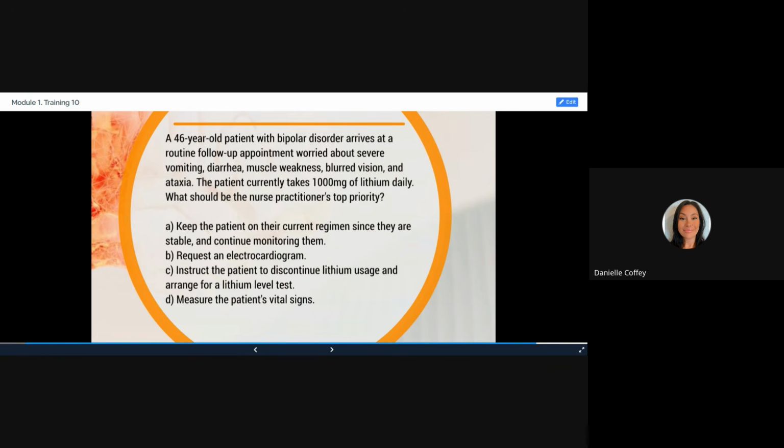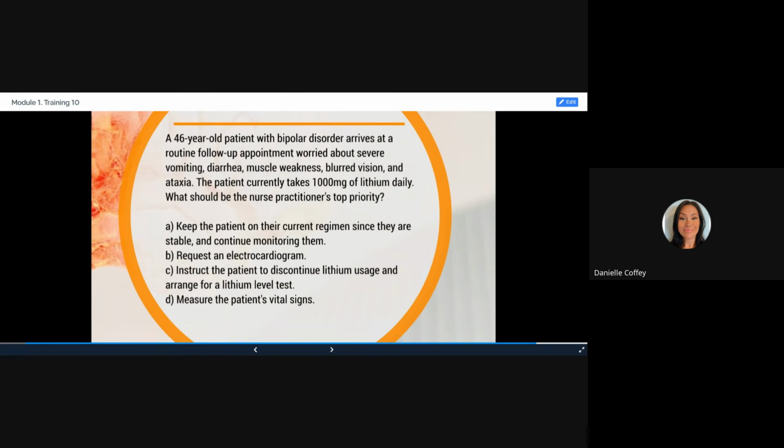The patient currently takes 1,000 milligrams of lithium daily. What should be the nurse practitioner's top priority? A, keep the patient on their current regimen since they're stable and continue monitoring. B, request an EKG. C, instruct the patient to discontinue lithium usage and arrange for a lithium level test. And then D, measure the patient's vital signs.